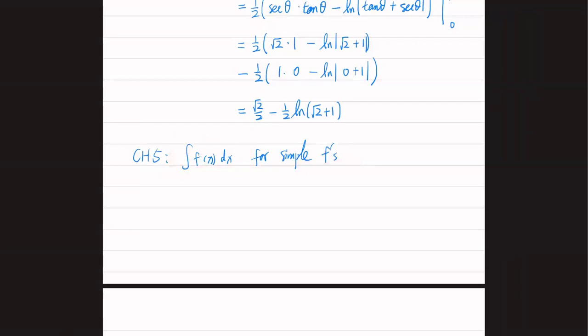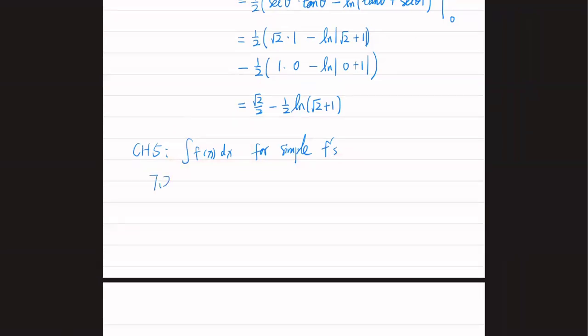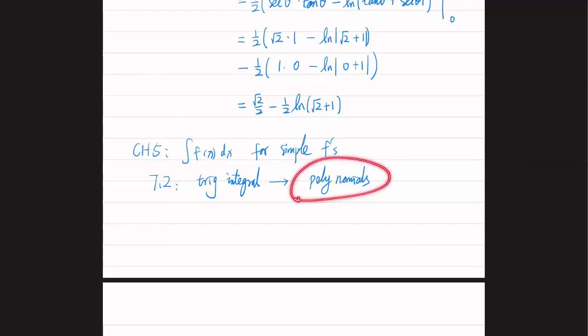Then in section 7.2, trig integrals, we want to convert some of them to polynomials, then we know how to integrate. In this way, we enlarge what we can do about integrals.